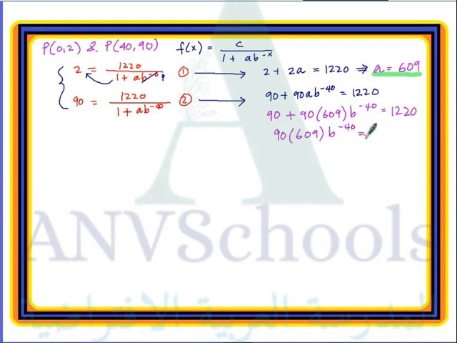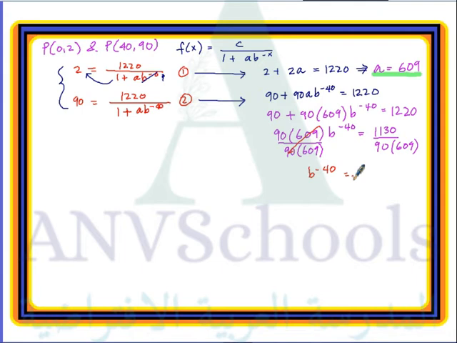And that means that my 90 times 609 b to the negative 40 is equal to 1220 minus 90. So that will give us 1130. Dividing both sides by 90 and 609, we can just cancel this, and our b to the negative 40 is equal to 1130 divided by 90 divided by 609.